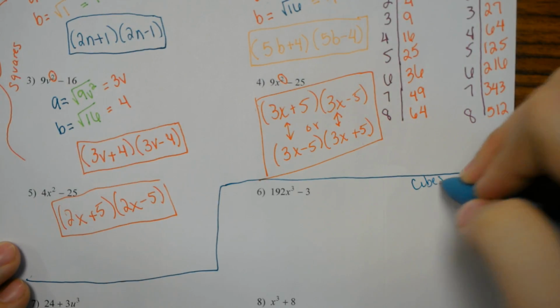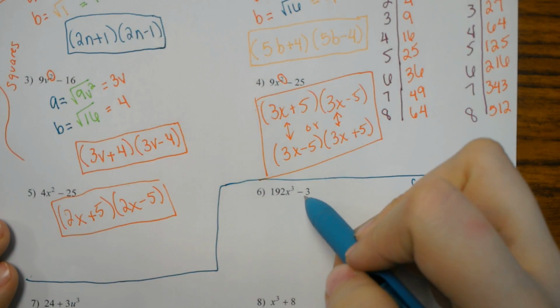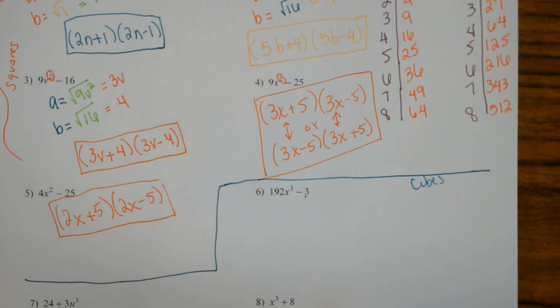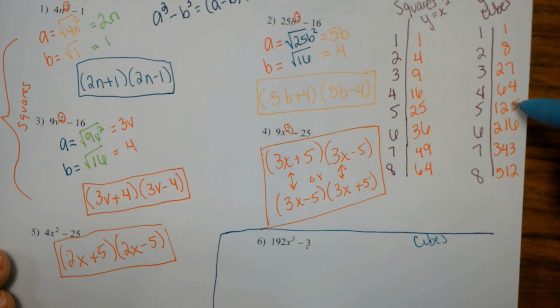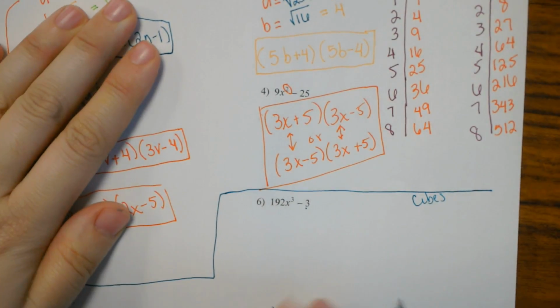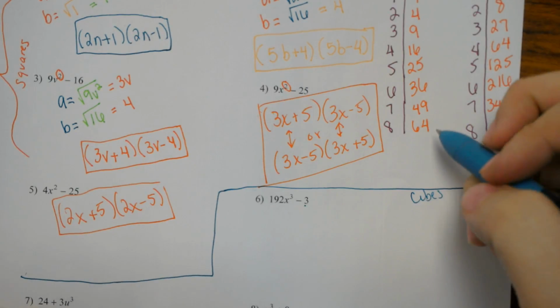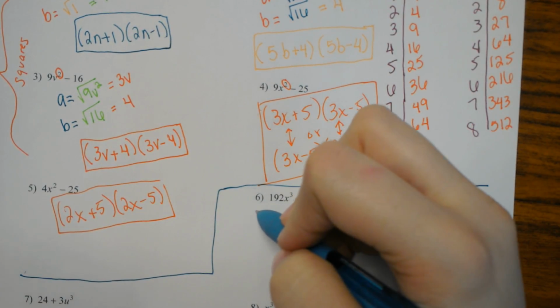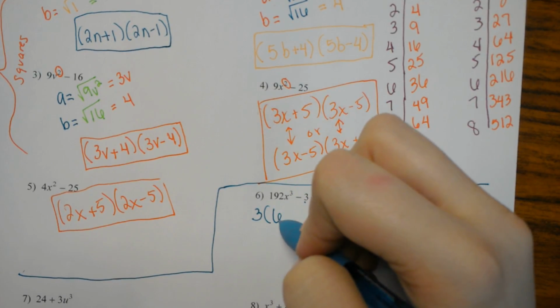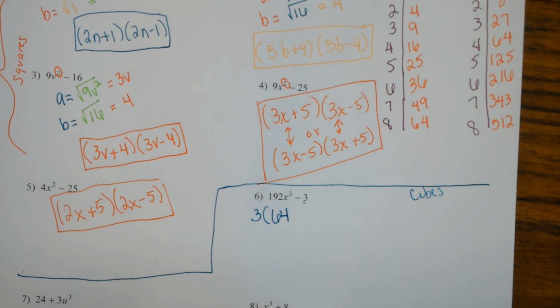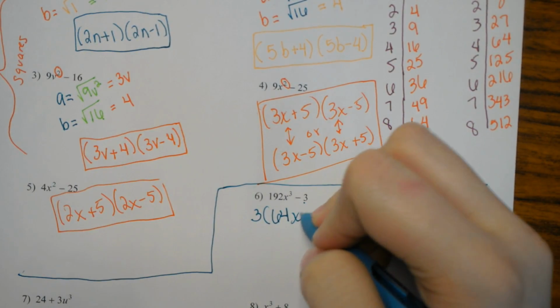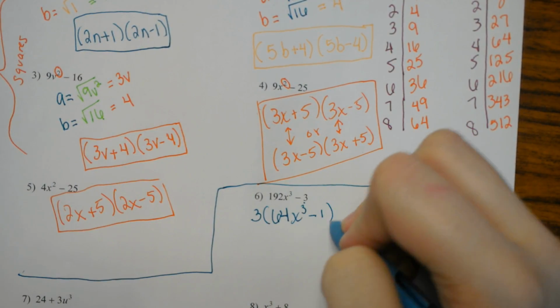These are my cubes. And so if you look back at the table of the cubes, 1, 8, 27, 64, 125, 216, 343, 512. Number 6, I don't have any of those numbers. And so I'm going to have to factor out a 3. 3 is a GCF. And so 192 divided by 3 is 64. 3 divided by 3 is 1.